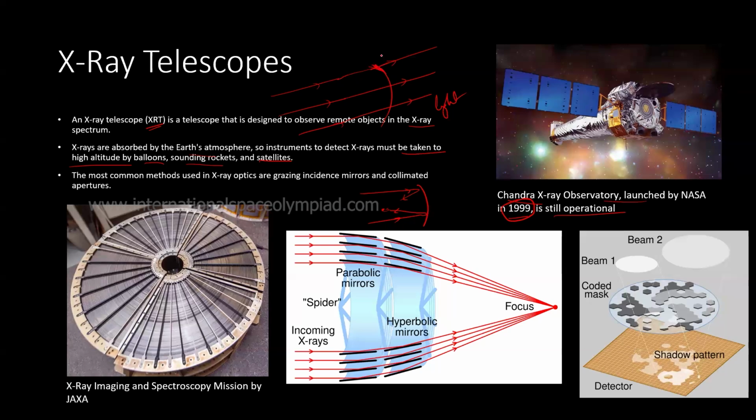For a telescope, the light has to be either reflected back, or if it is a lens, deflected to a point. So how can we make X-rays reflect or deflect to a certain point? That is the issue for the X-ray telescope. We want to focus X-rays to a point like a lens.